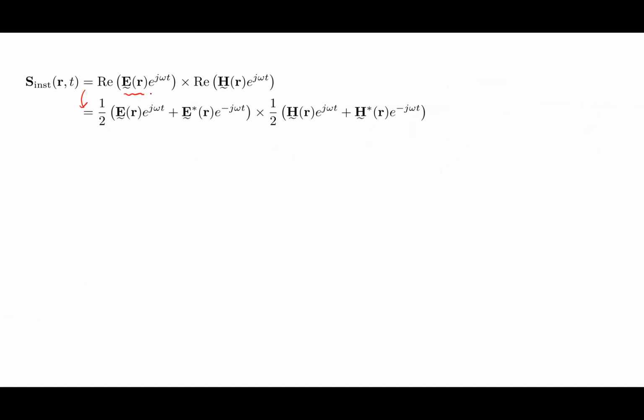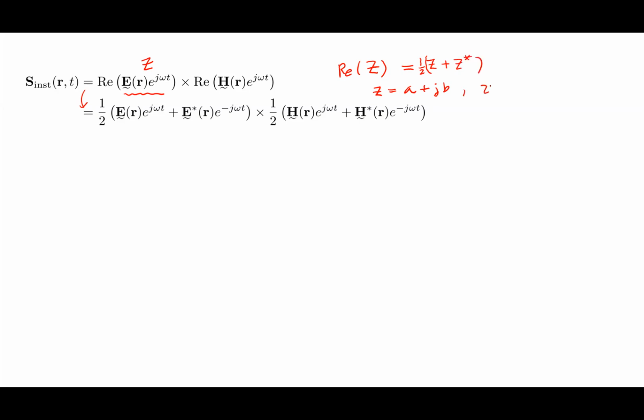Let's say this is an arbitrary complex value, the real value plus the imaginary value, so that the real value of the complex is just 1 over 2 of the original complex value plus its complex conjugate.